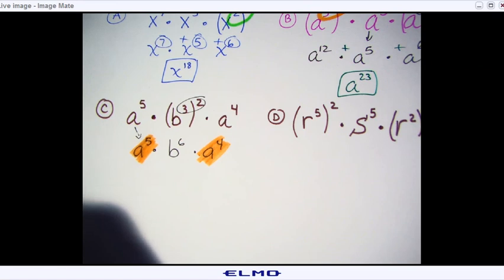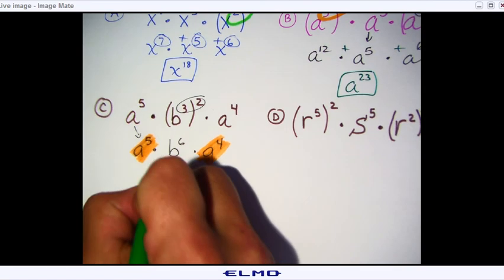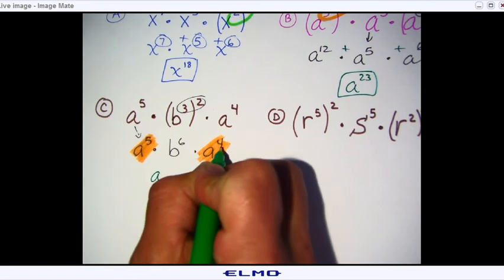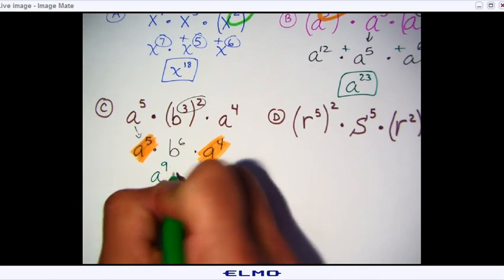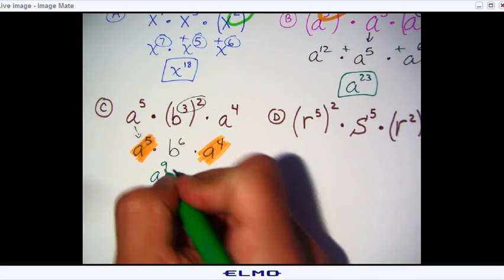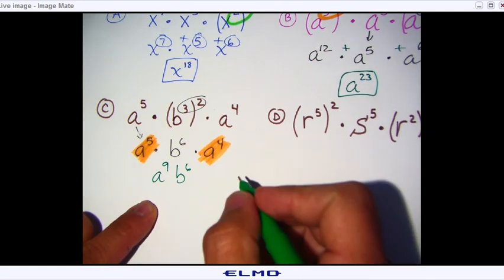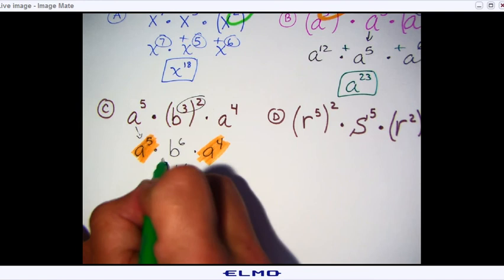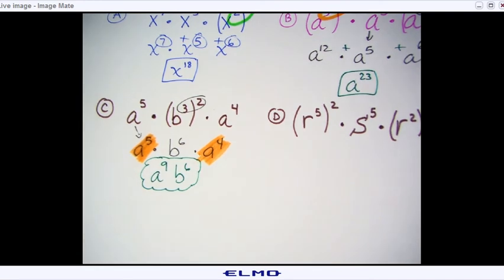A to the power of what? 5. But then remember, there's a power of 4. 9. Yes. And then the B to the 6, there's nothing, so just leave it alone. B to the 6. You see that? And that's it. Don't let it confuse you. Don't put them together unless there's A and B together.